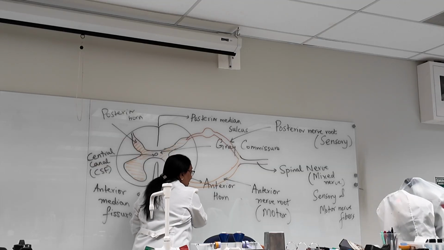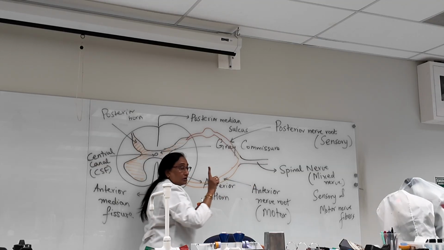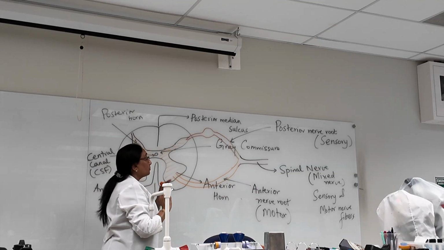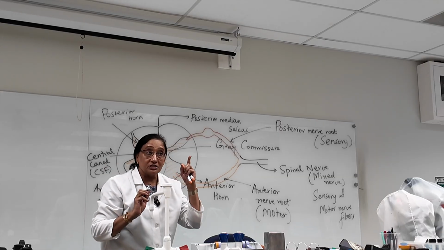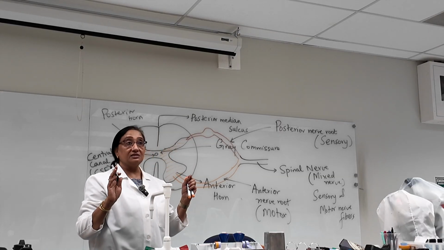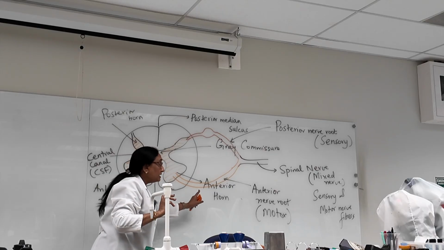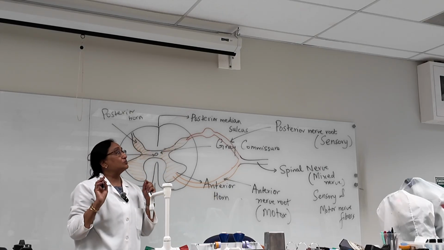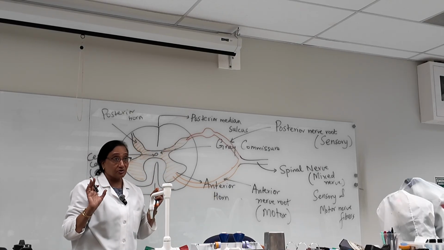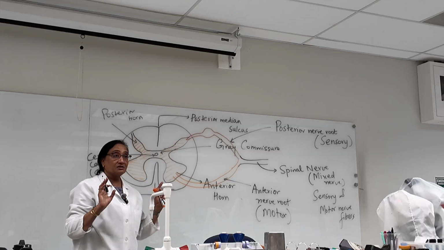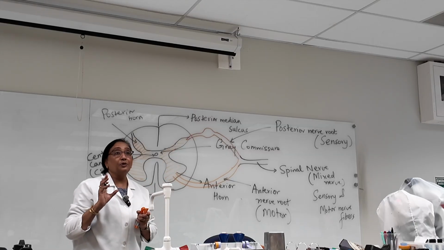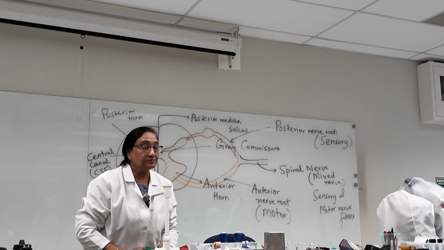That information comes from the front of the spinal cord. So the posterior part is always sensory, anterior nerve root is always motor. It doesn't change. And this is an important thing to remember.